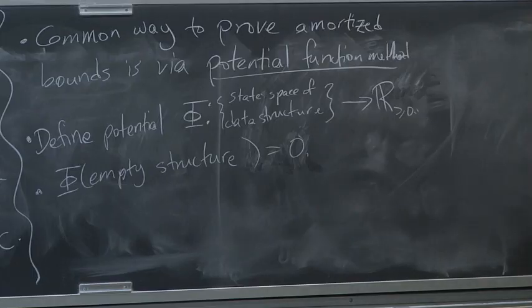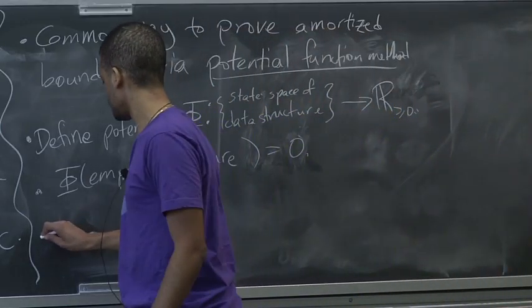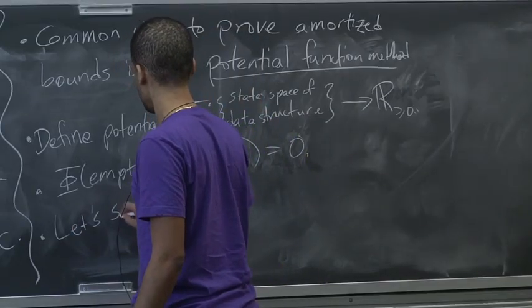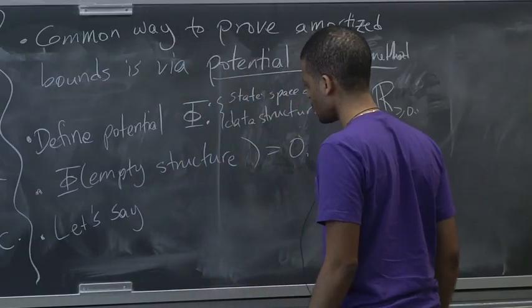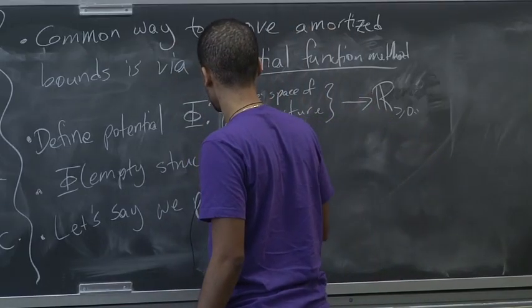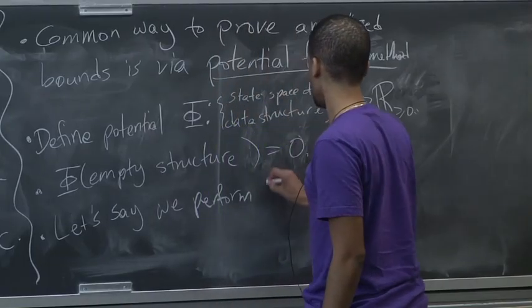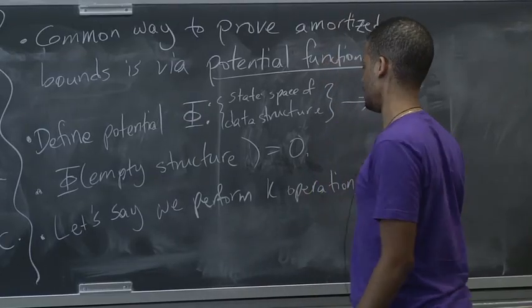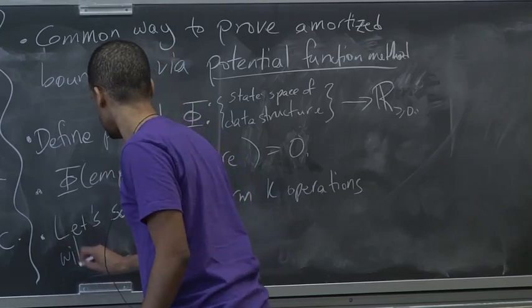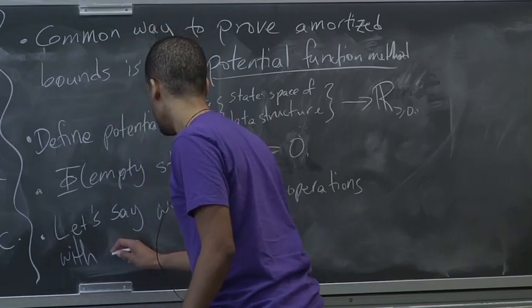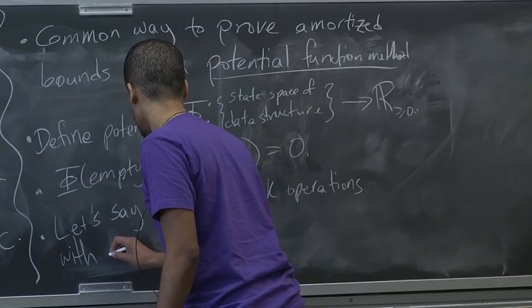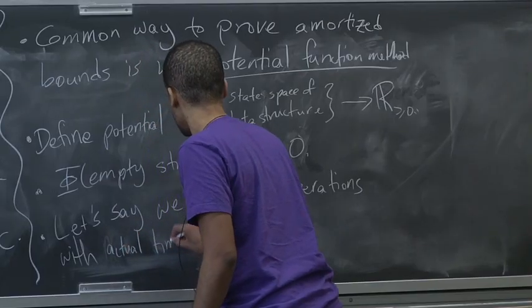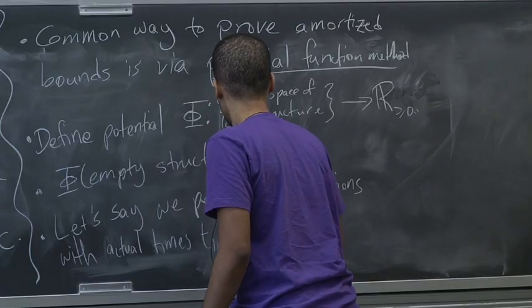Let's say that we perform k operations with costs, actual running times, T1 through Tk.